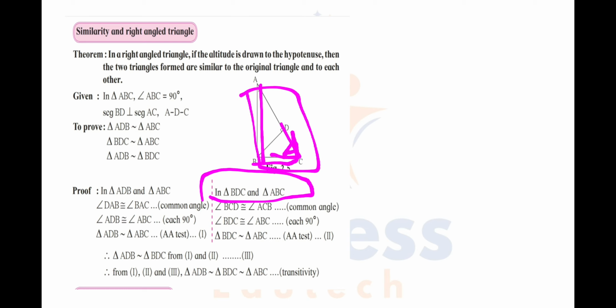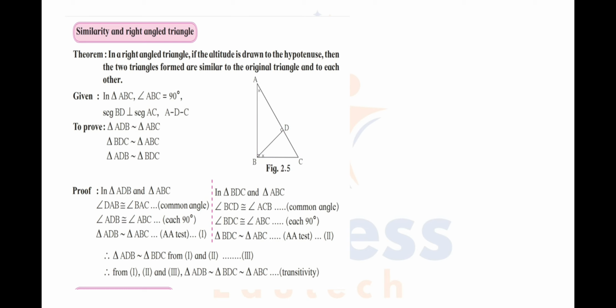So this is a common angle again, in both the triangles. Now triangle ABC is similar to triangle CDB, or BDC. This is again 90 degrees. By the AA test, both the triangles are similar.